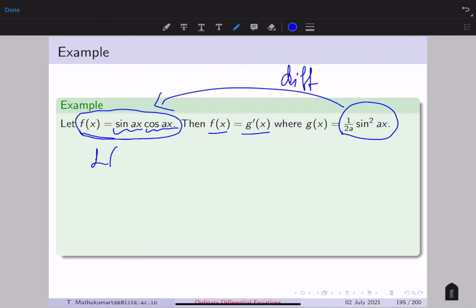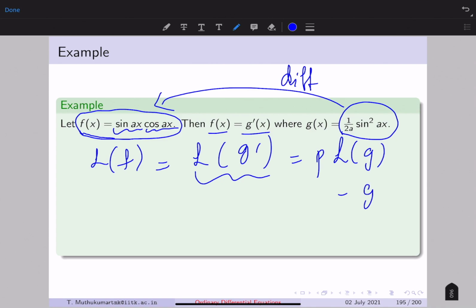So the Laplace transform of f is nothing but the Laplace transform of g prime. Now you already have a formula for the Laplace transform of g prime, which is p times the Laplace transform of g minus g of 0. That's what we have shown in the previous result.